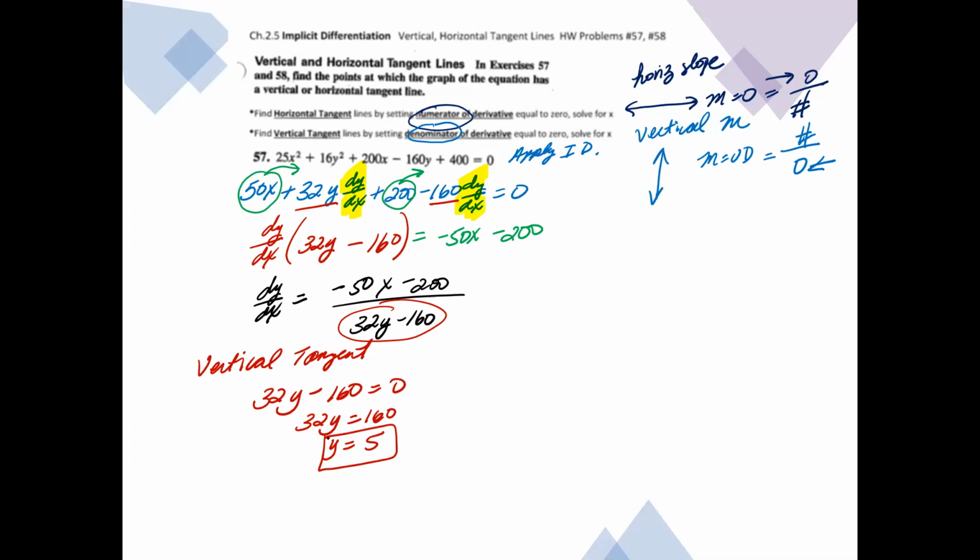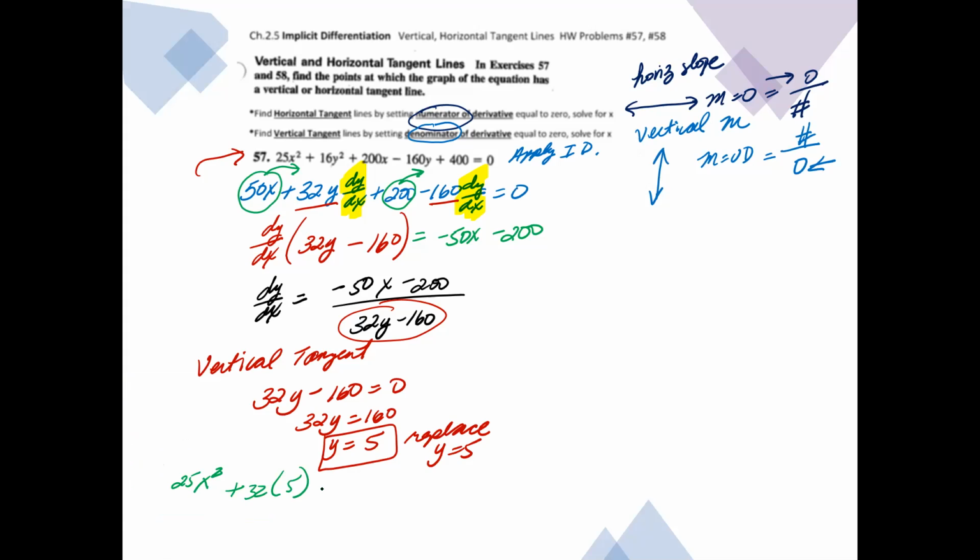So then what you're going to do right here at this point is take the original functions right here in the implicit form, and replace y with 5. So then I have a 25x squared plus 32 times 5.